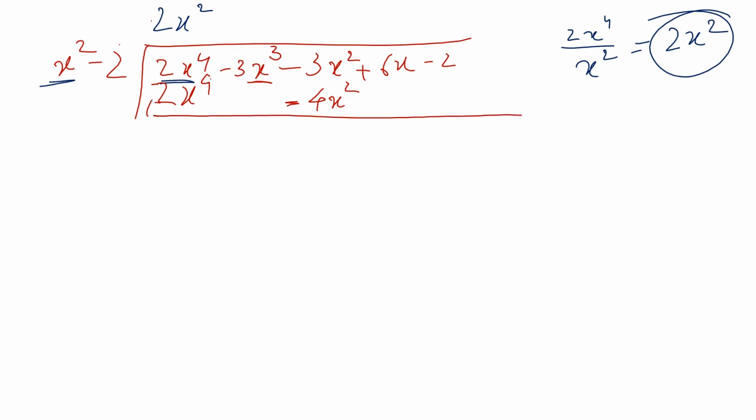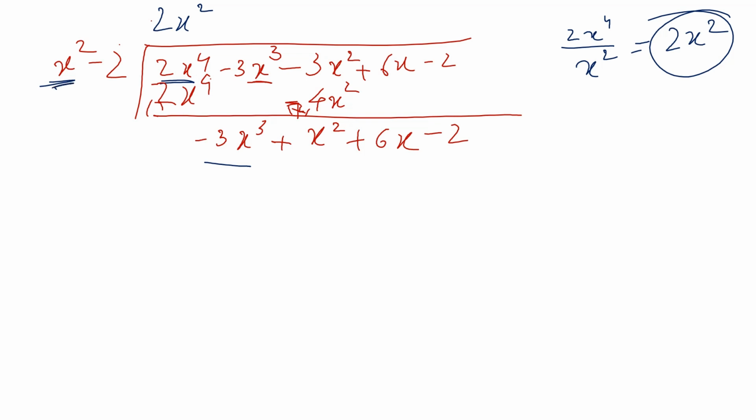Now subtract this and add this, so this becomes 0, minus 3x^3 as it is, and then minus 3x^2 plus 4x^2, we get plus x^2, then 6x as it is, and minus 2 as it is.